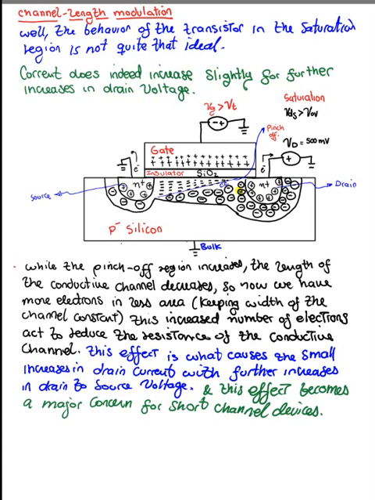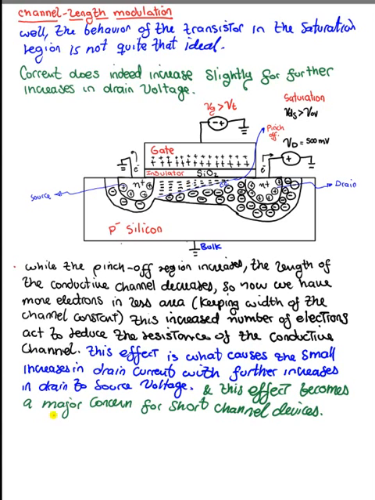Since we made the pinch off region greater, that means that now we have more electrons in less area, which means that the resistivity of this leftover channel right here decreased, right? So that acts to increase the flow of current. And that one is the one that tilts the balance, and now we have a small change in current for further increases in drain to source voltage, right?